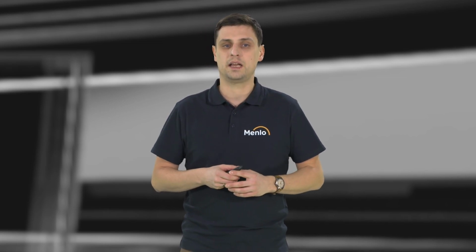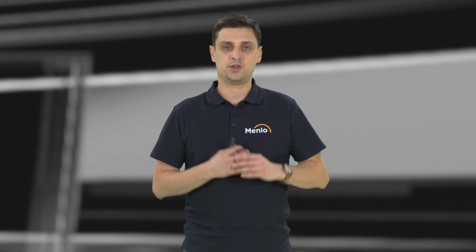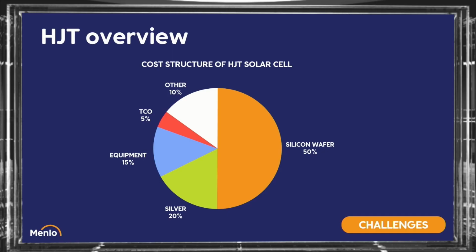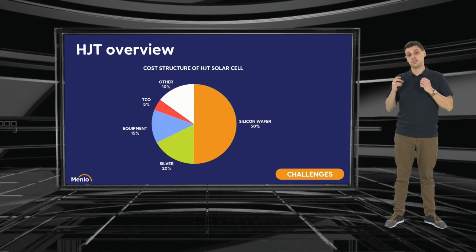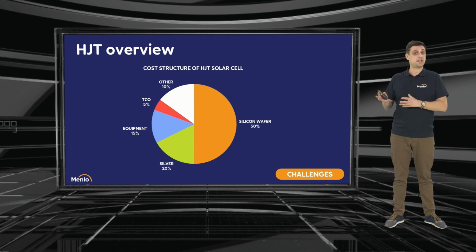But the challenge this technology has, as you can see in this graph, is that almost 20%, 20% of the price of the model, is silver. It's a rare raw material, and additionally, it's an expensive material.